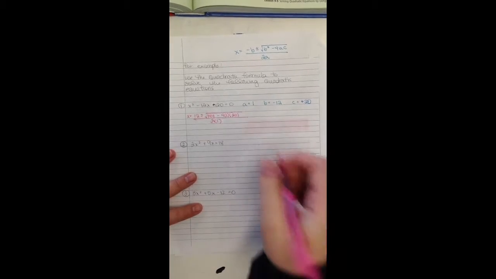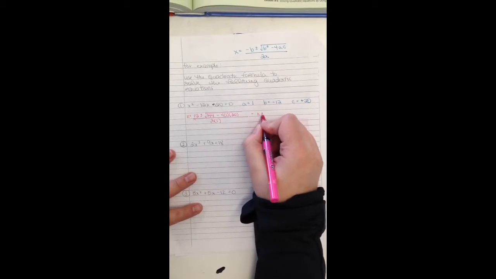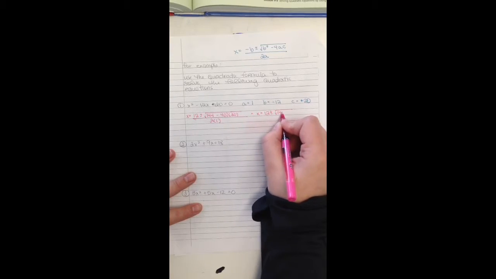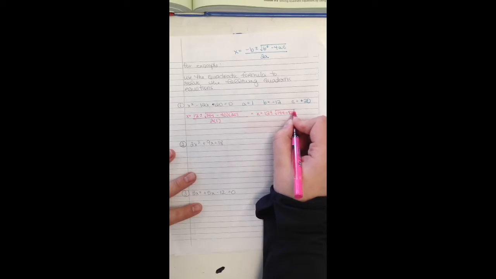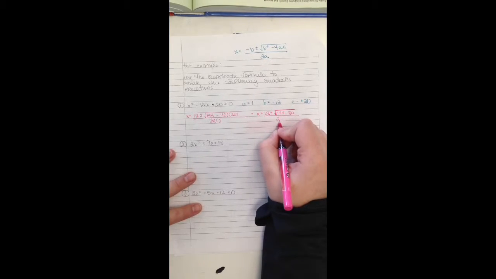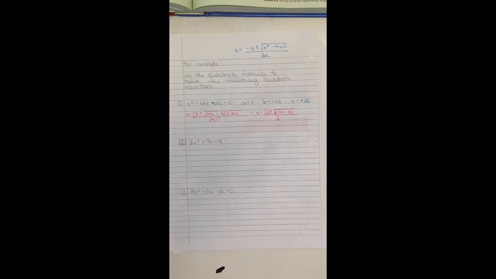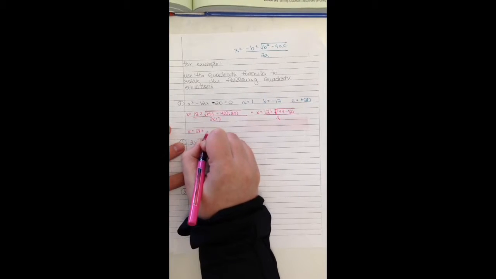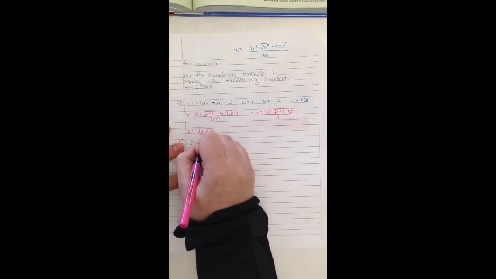Then we start solving these things, and we're going to say x equals 12 plus or minus the square root of 144 minus 80 over 2. Now 144 minus 80 gives me 64. So I get x equals 12 plus or minus the square root of 64 all over 2.